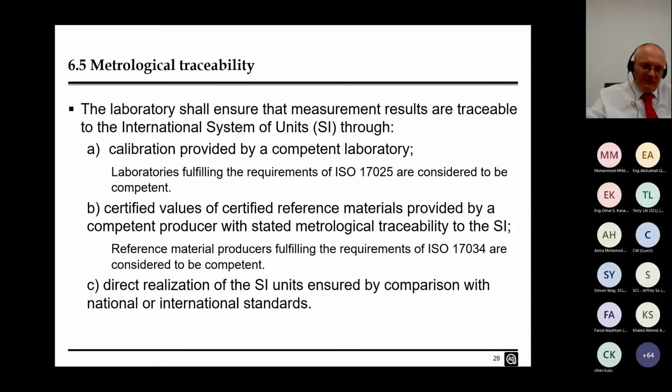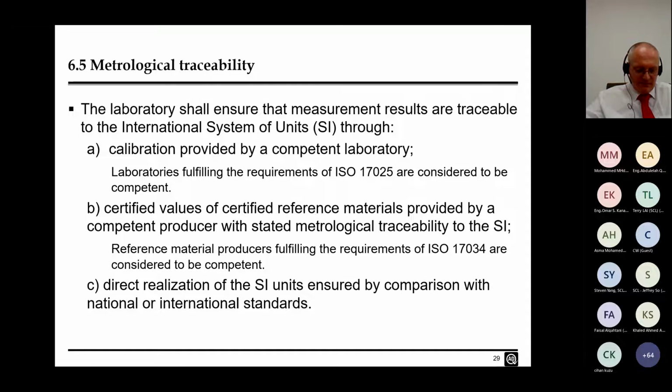So you've got traceability. You may also realize the SI units within your laboratory. You may realize the meter or the second, or you may realize the Kelvin or anything. Any realization of the SI units has to be ensured by a comparison with other national or international standards. You need a comparison result before you can claim that your SI units provide you traceability.